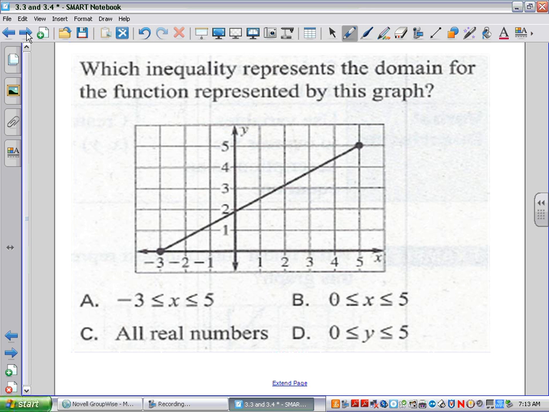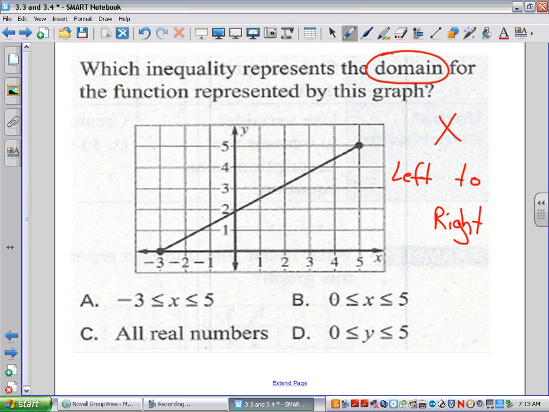Which inequality, this time we're given a graph, which inequality below represents the domain for the function represented by this graph. Remember, domain are your x values. And remember, your x-axis goes from left to right.